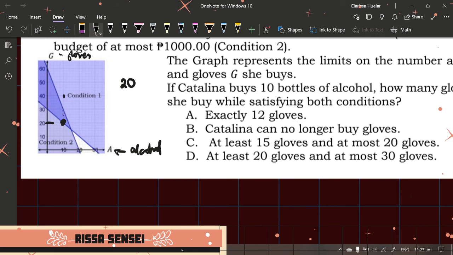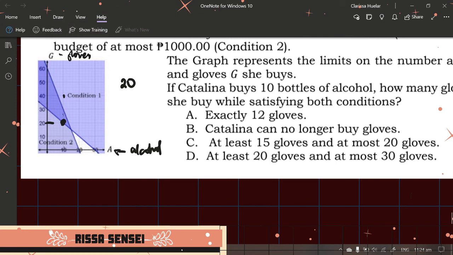Kapag 40 na, hindi na pwede. Kasi outside the overlapping regions na. Sabi natin, kung ano yung mga points na nandito sa overlapping regions, yun lang yung magsasatisfy on both inequalities. So, hanggang saan lang siya? Hanggang 30 lang.